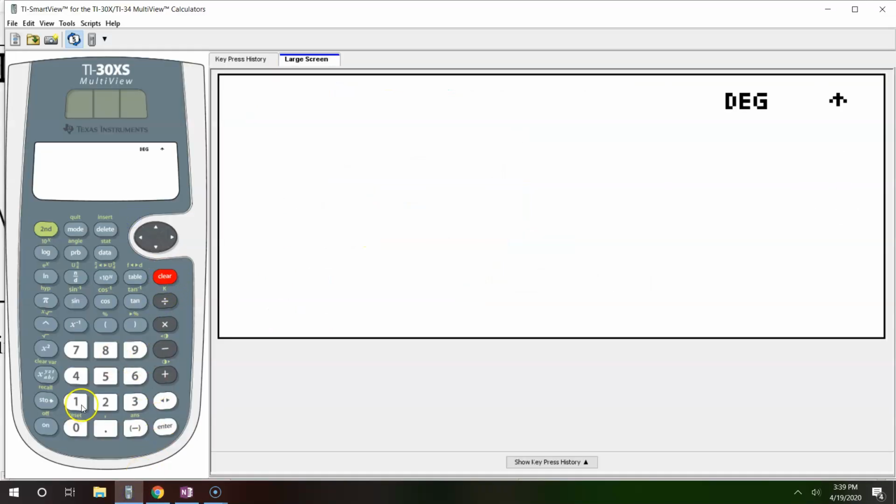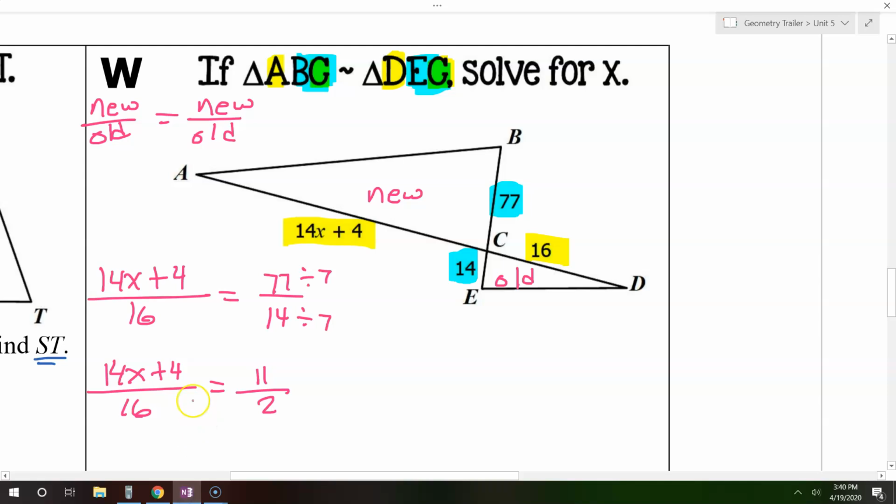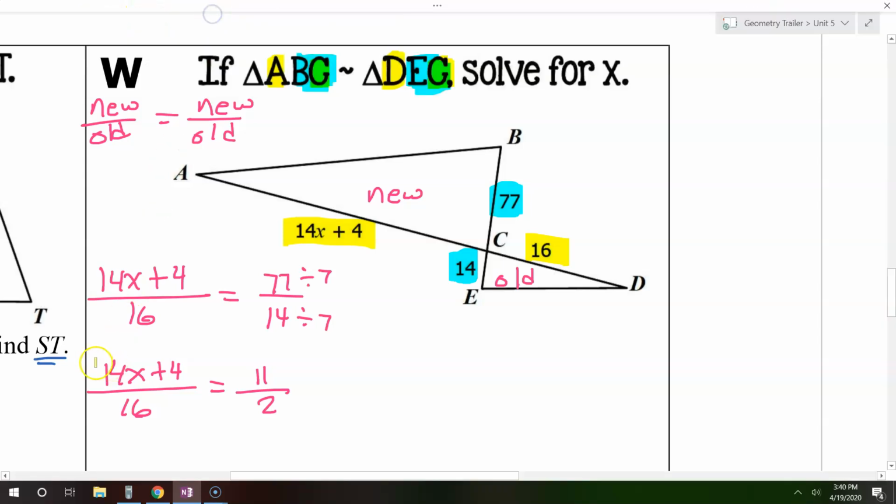Again, if you need to, you can use your calculator. So we had 77 over 14. 11 over 2. All right, time to cross multiply. So when we do this diagonal, we need to multiply 2 times the binomial.